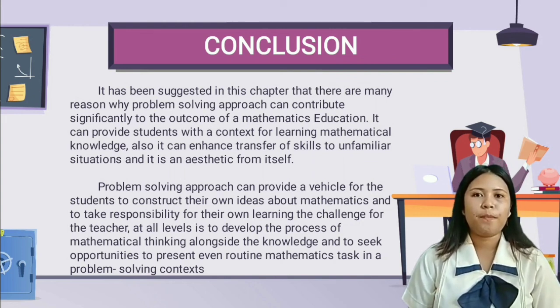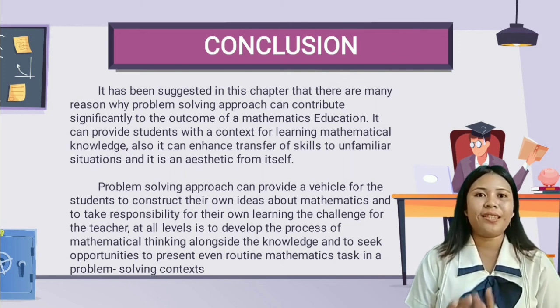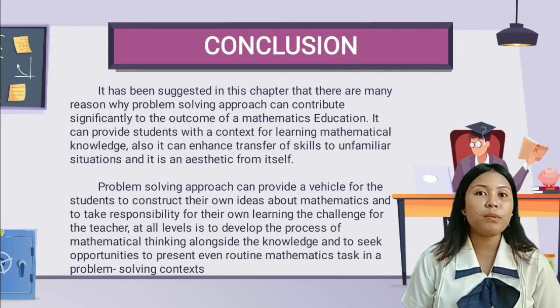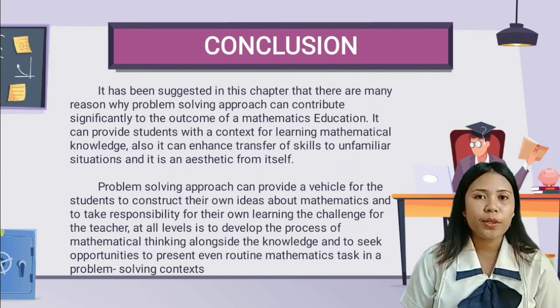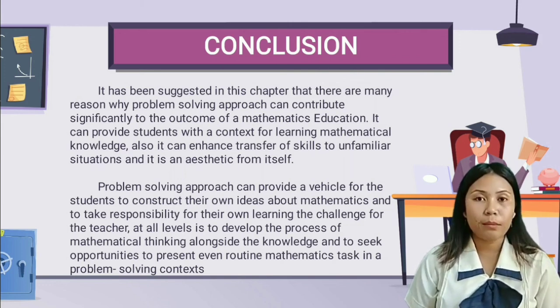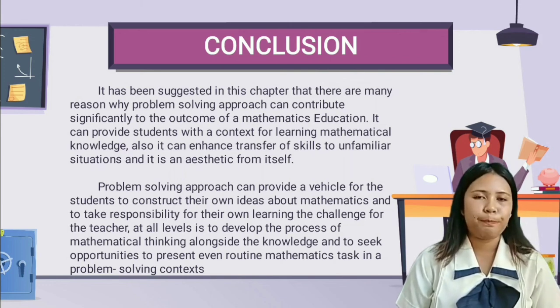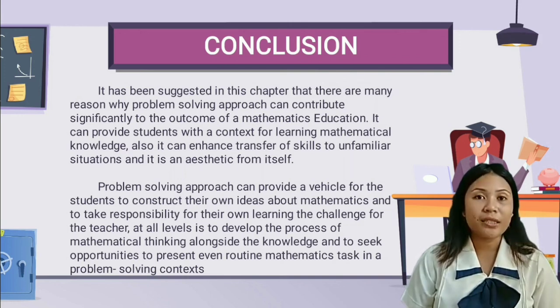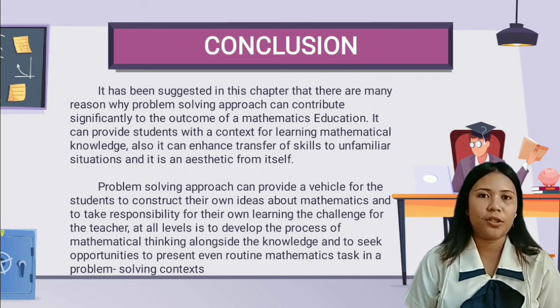So, conclusion. It has been suggested in this chapter that there are many reasons why the problem solving approach can contribute significantly to the outcome of a mathematics education. It can also provide students with a context for learning mathematical knowledge.